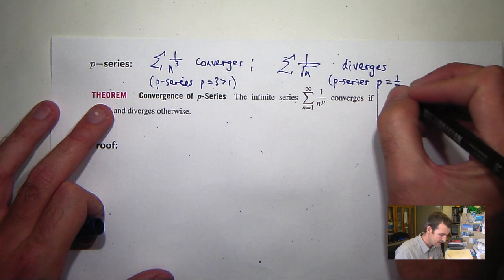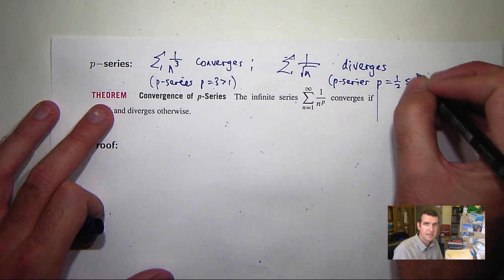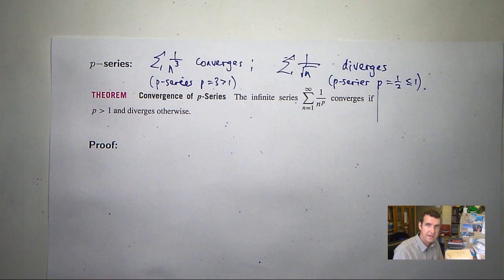You can just say straight out that this is a p-series and this is the value of its power. If that power is greater than 1, the p-series must converge. If the power is less than or equal to 1, the series has got to diverge. So this is a very powerful test that allows you to tackle a whole bunch of basic series and immediately discover whether they converge or diverge.